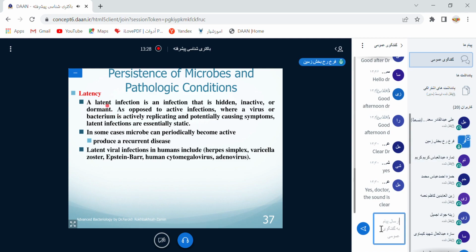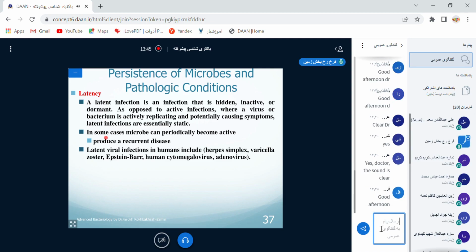So sometimes in latent infection, the causative agent, hidden and inactive and dormant, may after some time show itself in active infection. In some cases, a microbe can periodically become active, and sometimes they have the potential to produce a recurrent disease.